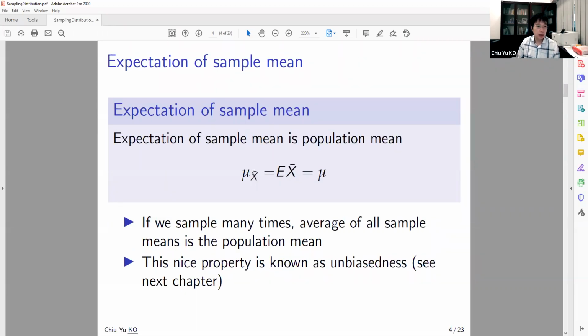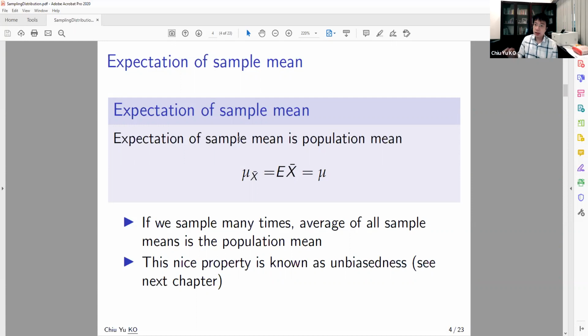One interesting fact, which we will show, is that the expectation of the sample mean turns out to be the population mean.